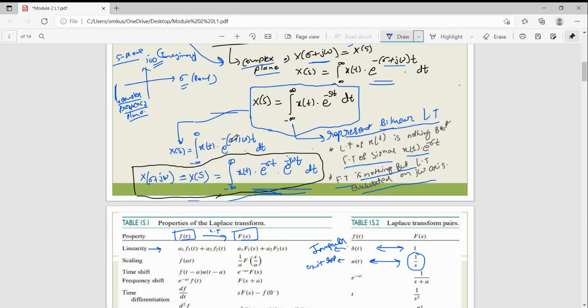So separate this into e to the power of minus sigma t into e to the power of minus j omega t dt. By observing this, you can comment that the Laplace transform of x of t is nothing but the Fourier transform of x of t e to the power of minus sigma t. And the Fourier transform is nothing but the Laplace transform evaluated on the j omega axis. So this is the relation between the Laplace transform and the Fourier transform.